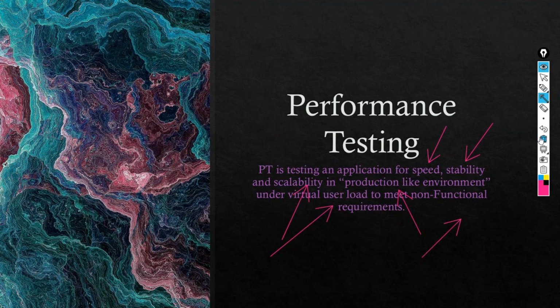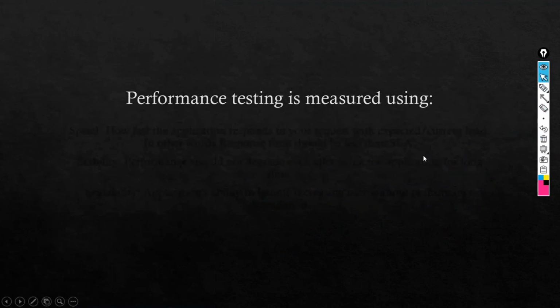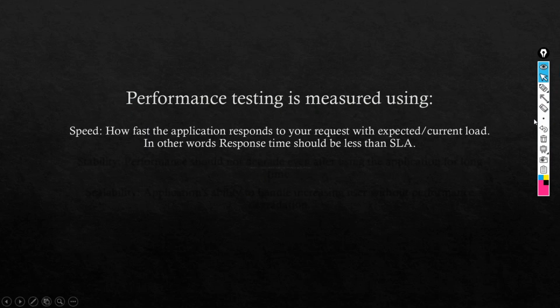So let's understand the terms first: speed, stability, and scalability. Generally, performance testing is measured in terms of speed, stability, and scalability. The first one is speed. Speed indicates how fast the application responds to your request with the expected or current load.